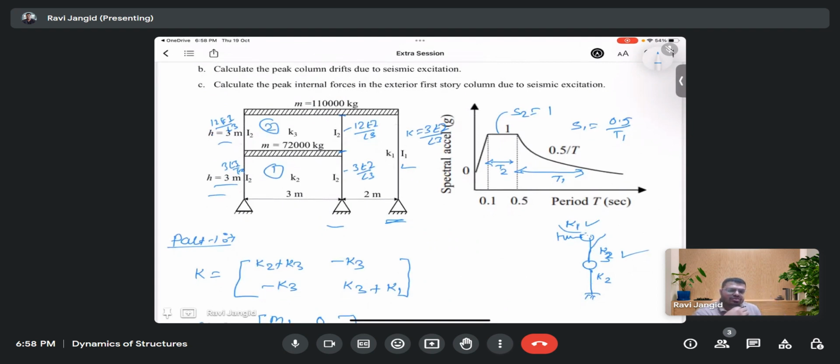Okay, all the best for your exams. So when is your exam? I think it's on the 28th. Okay, all the best. Thank you, sir. And happy Dasara and happy Diwali in advance. Same to you. Okay, if you don't have any doubt, you can leave the session. Okay, sir, I am leaving. Thank you.